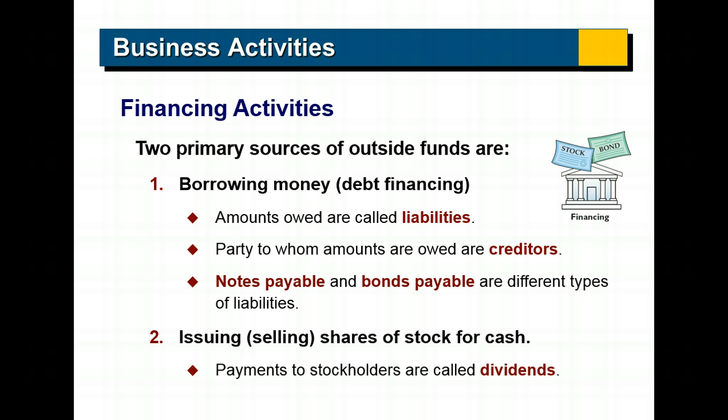Now, notes payable and bonds payable are different. A note payable generally is a promissory note, usually with a bank or an individual, where you promise to pay a certain amount back within a fixed period of time with interest.